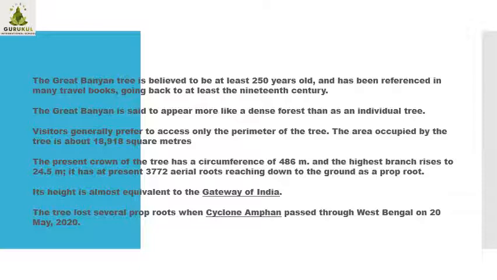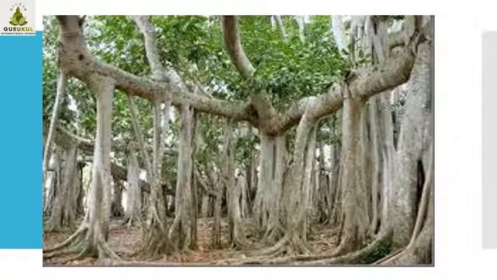So in the recent cyclone on 20th May 2020, Amphan, many prop roots were lost by that tree. Now see, these are the prop roots or aerial roots, and new trees can grow there. That is giving support to the crown of the tree. So these types of roots are called aerial roots.